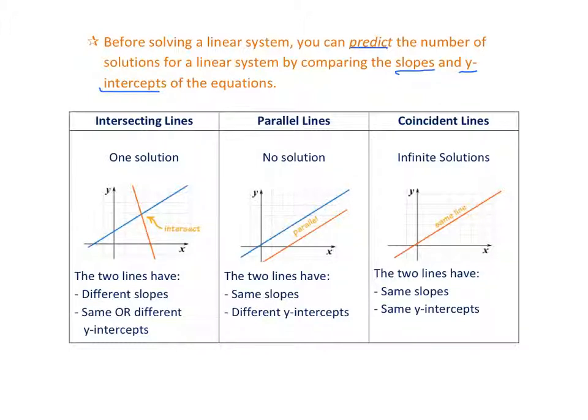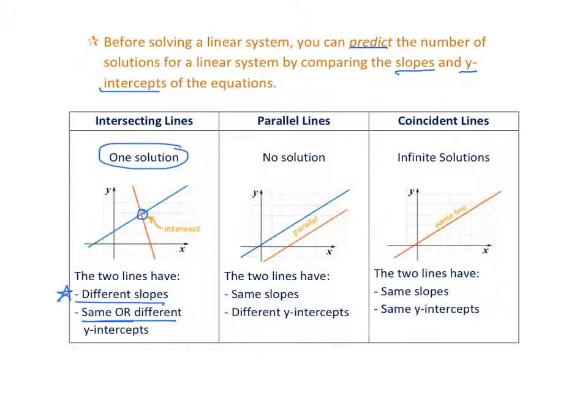First, let's look at intersecting lines. Any two lines that intersect will have one solution because there is only one point of intersection. If you compare the equations of these two lines, they will have different slopes and the same or different y-intercepts. But it is very important that they have different slopes.